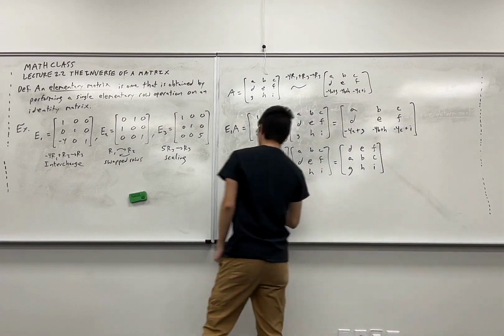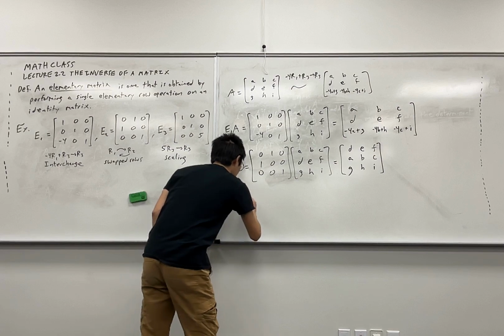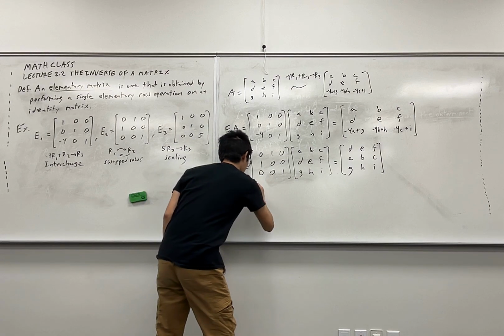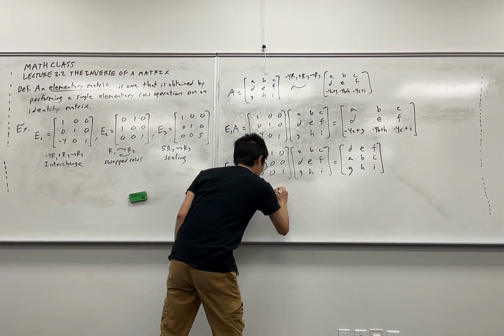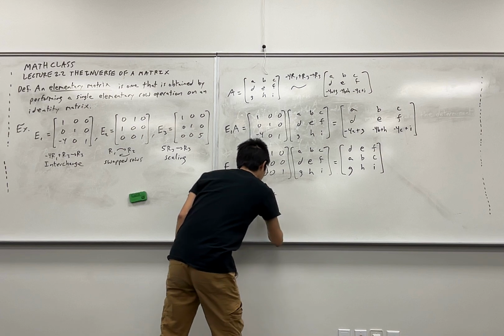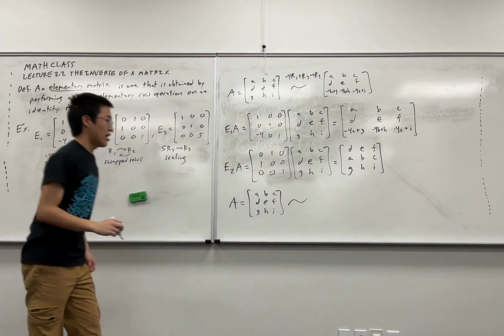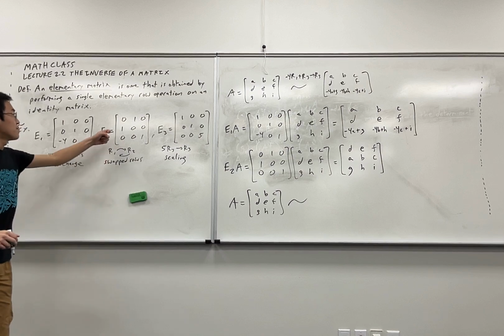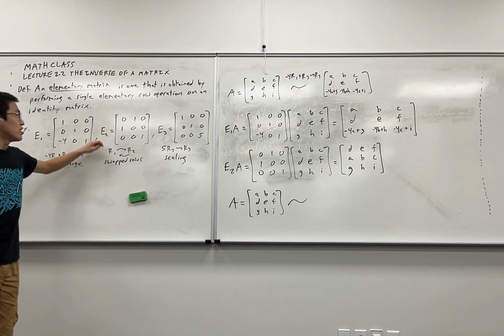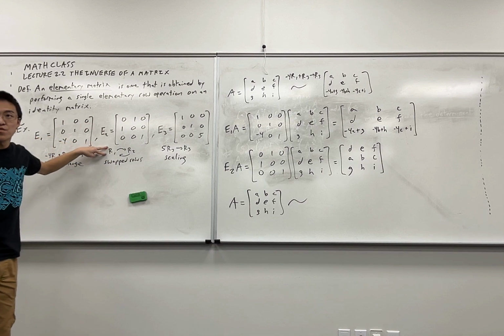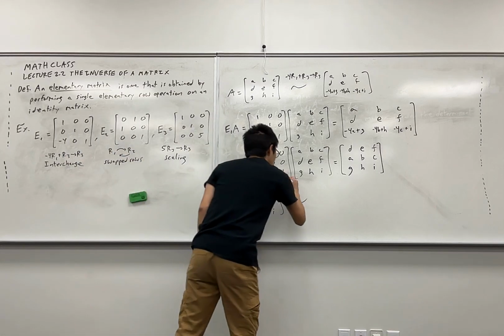Okay, so now let's start with A. A, B, C, D, E, F, G, H, I. And let's perform an elementary row operation corresponding to E2. In other words, what did we do? We flipped R1 and R2. So let's do that.